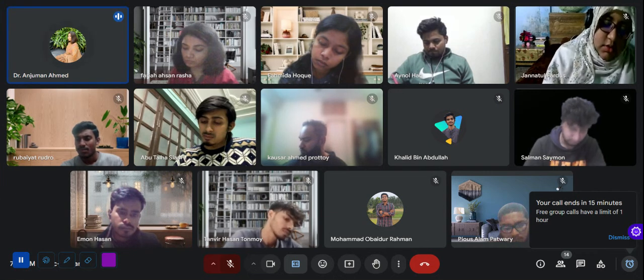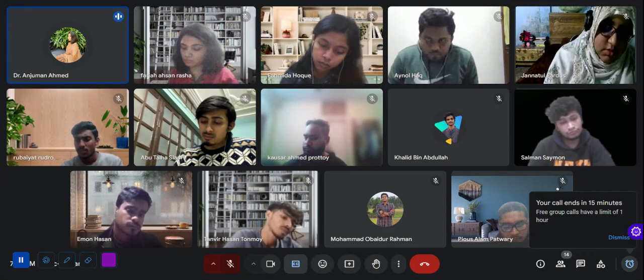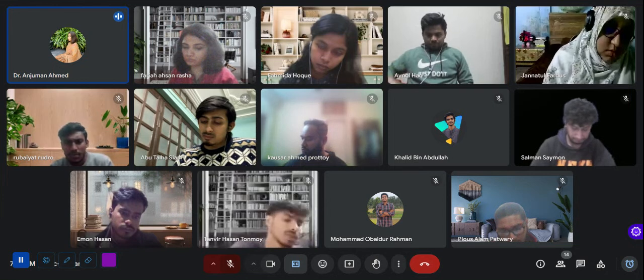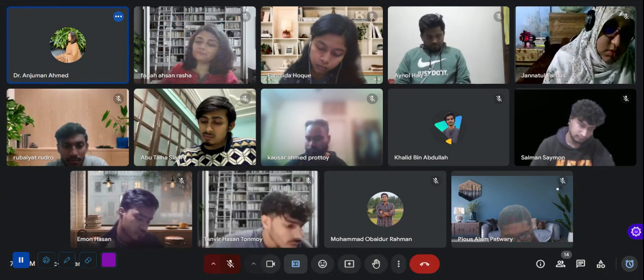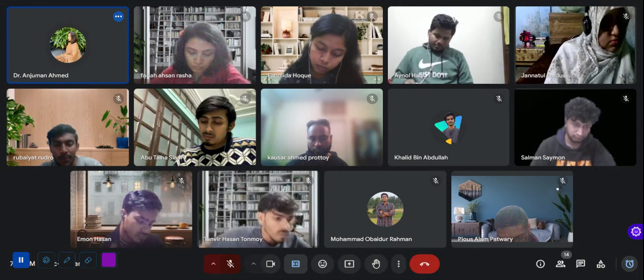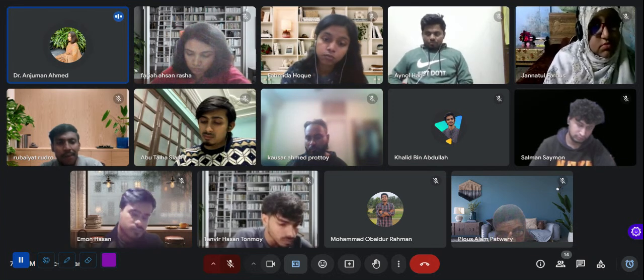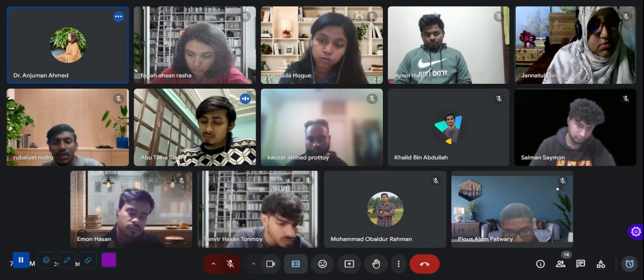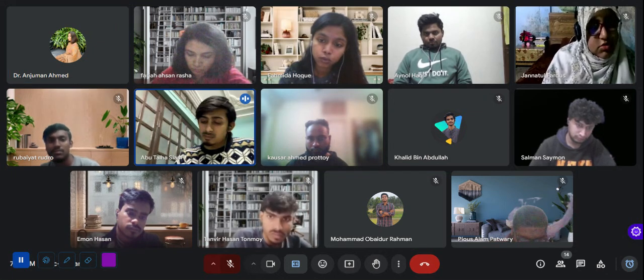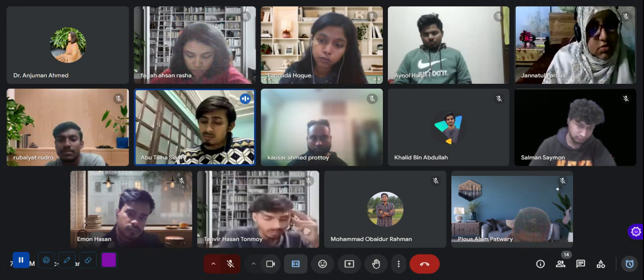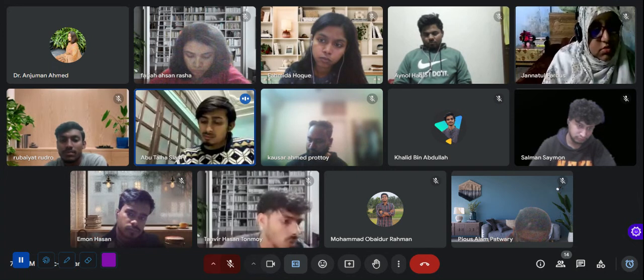Okay, now if we make a difference between CT and CT angiography, at first, the focus. Mr. Abu Talha, a normal CT scan focuses on which structure? Basically, it focuses on our normal organs.